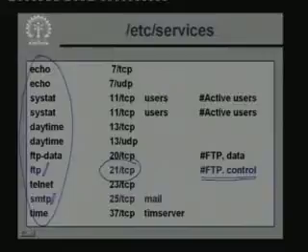Take some other example, say SMTP. First it says port number 25 TCP protocol. There is an alternate name or alias, this is called mail. So instead of SMTP you can also refer to this service or server as mail. Okay. Now you can see here some of the protocols also use the UDP protocol, port number 7 UDP.